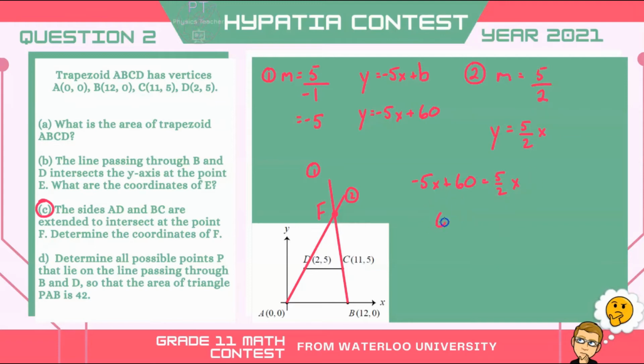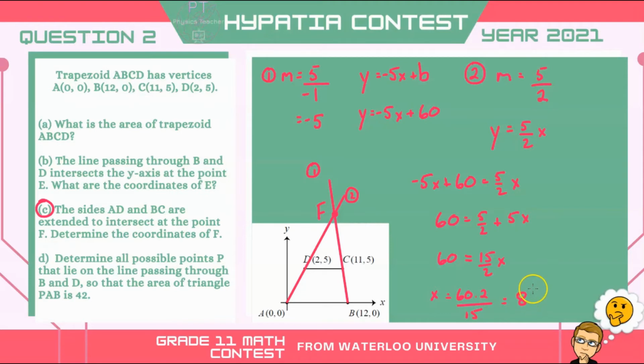Now if we collect like terms, we have 60 equals 5 over 2x plus 5x, which gives us 60 equaling 15 over 2x, or x is equal to 60 times 2 divided by 15, which is 8.